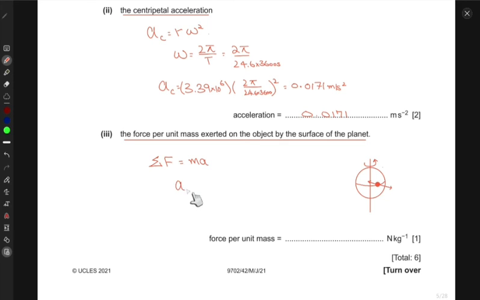The net acceleration should be the difference between the acceleration due to gravity of the planet, 3.73, minus the centripetal acceleration, which is 0.0171. This would be your net acceleration, and force per unit mass would be F over m, equal to the net acceleration, which, if you compute this, you get 3.71 newtons per kilogram.